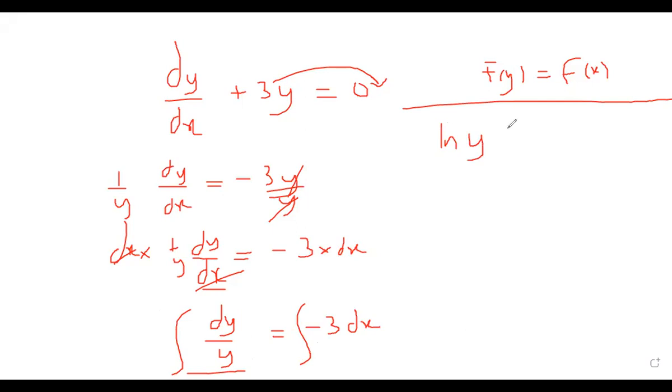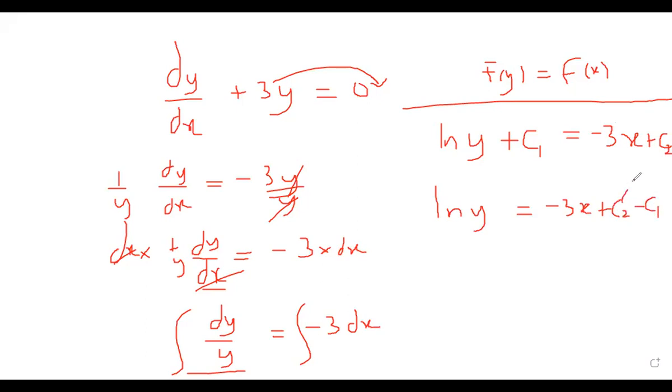ln y plus a certain constant, let's say c1, is equal to minus 3x plus a certain constant, which is what? C. Then you have ln y is equal to 3x plus, let me make it c2, so c2 minus c1.